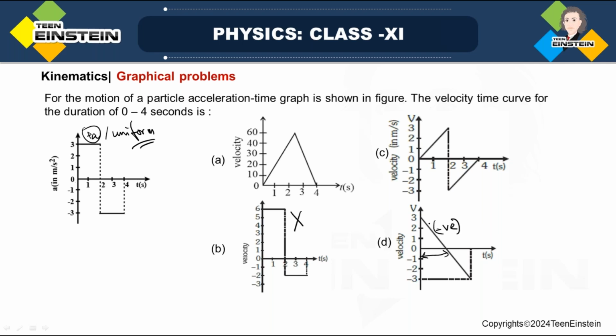It is showing negative acceleration, so this is also not true. Now come to C. Here up to 2 seconds velocity is increasing, so it is representing positive acceleration. Very nice. Now look, when acceleration suddenly becomes 0 and goes to the negative side.